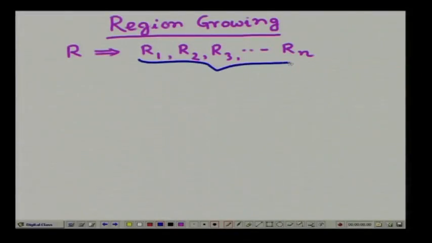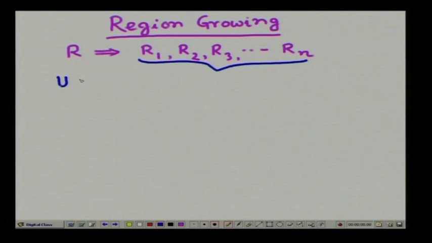When I partition my original set R into n such partitions, this partitioning should follow certain properties. The first property is, if I take the union of all these regions R i, union over i, this should give me the original image R. That means none of the pixels in the image should be left out.